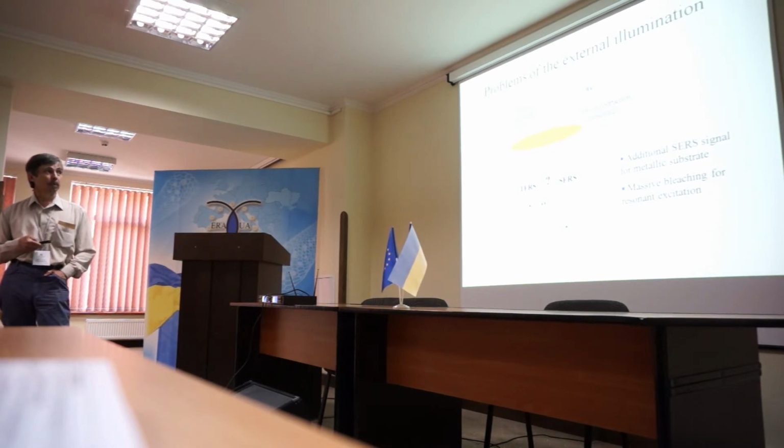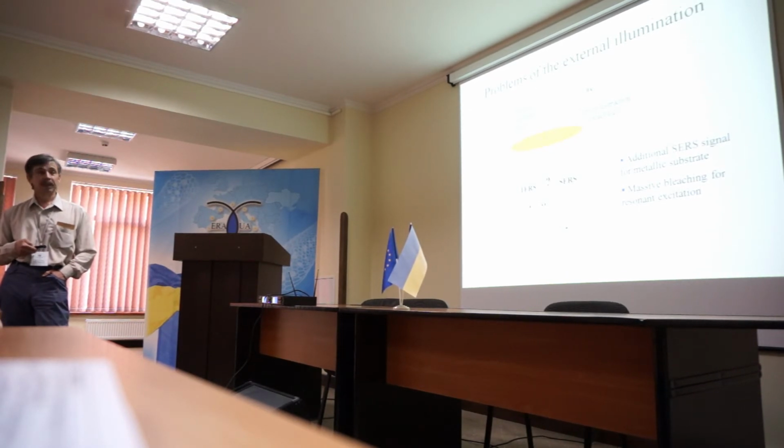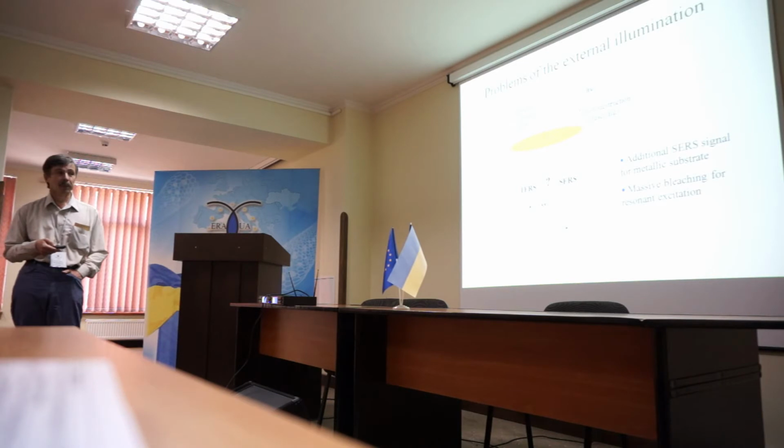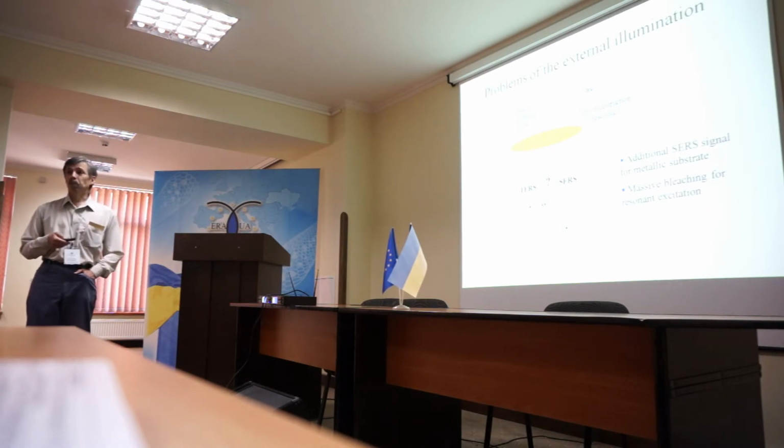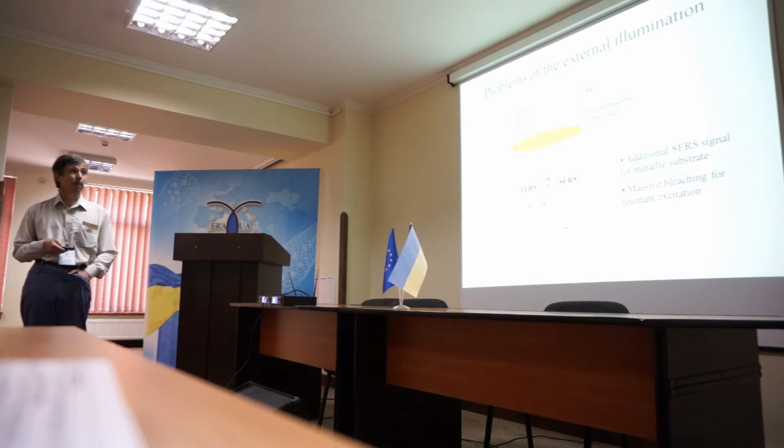So from all this spot, we can expect a SERS signal, we can expect photo-bleaching, photo-degradation of our object without making any measurements. So we spoil our sample in a much bigger area than we investigate at the moment.